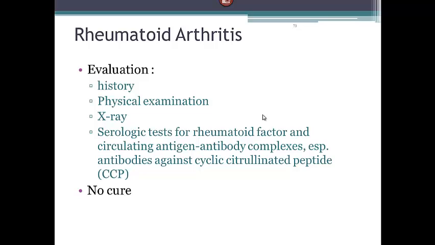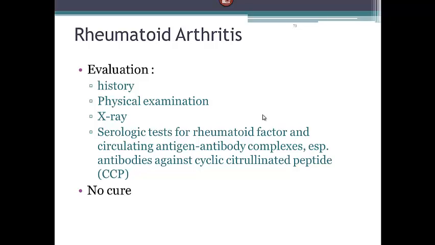And these are your hydroxychloroquine, your methotrexate, if you recall from pharmacology, sulfasalazine. You could also provide intra-articular injections of prednisone or triamcinolone, or provide systemic oral prednisone as well. You can use immunomodulators such as cyclosporin or azathioprine.